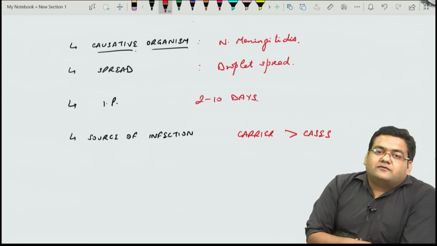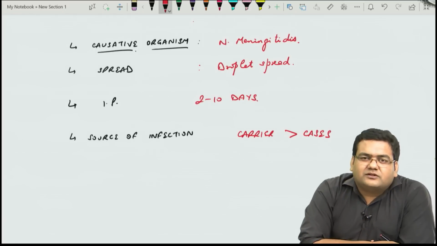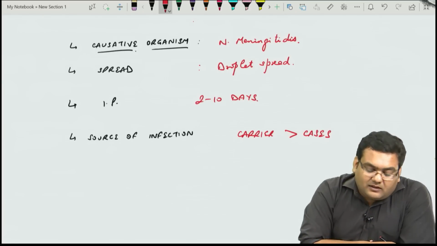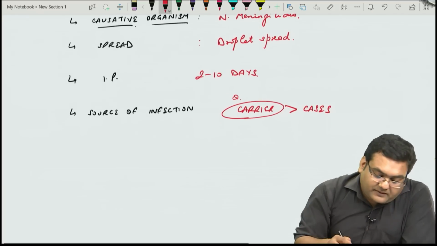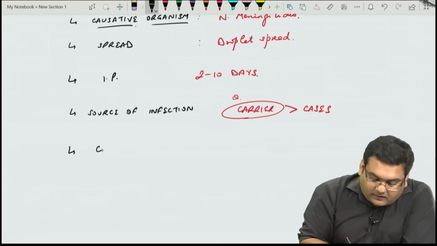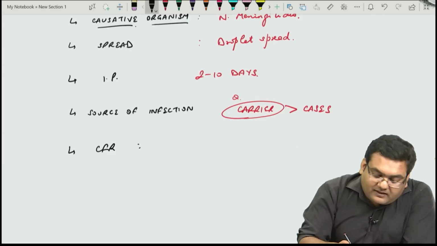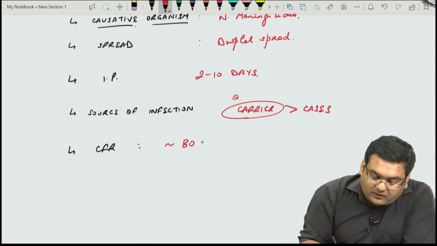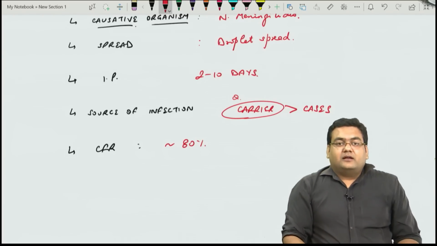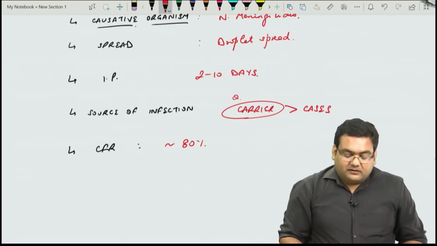Clinical cases form a negligible fraction of the sources of infection. The majority are carriers. What is the case fatality rate for meningococcal meningitis? It reaches approximately 80%. Very high case fatality rate.